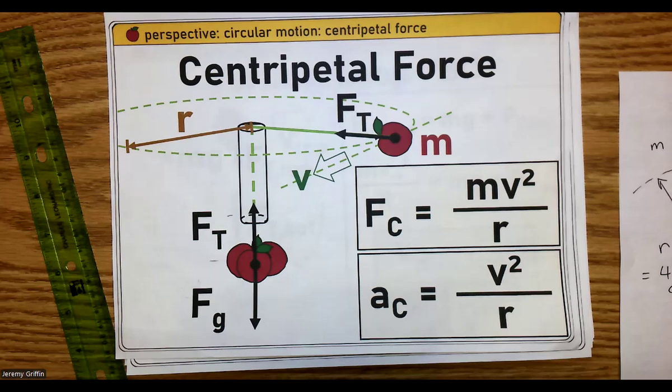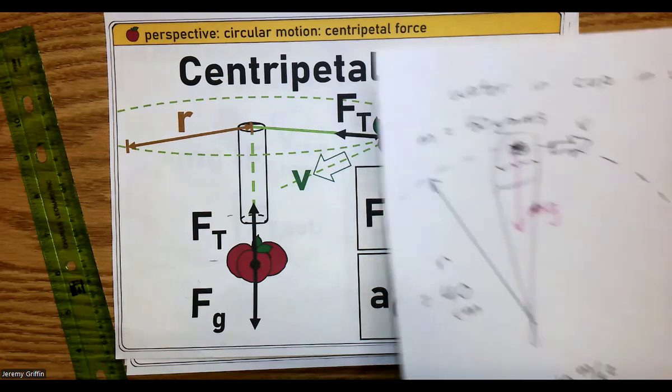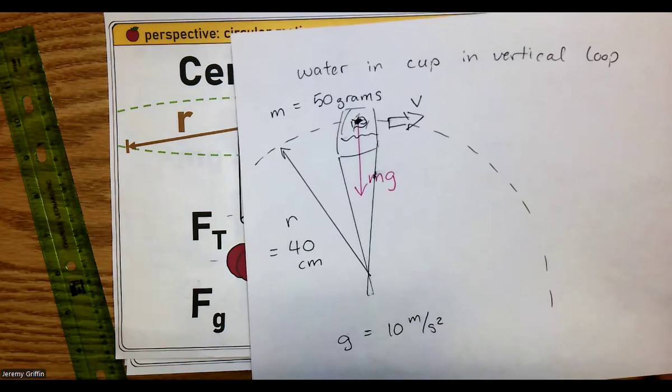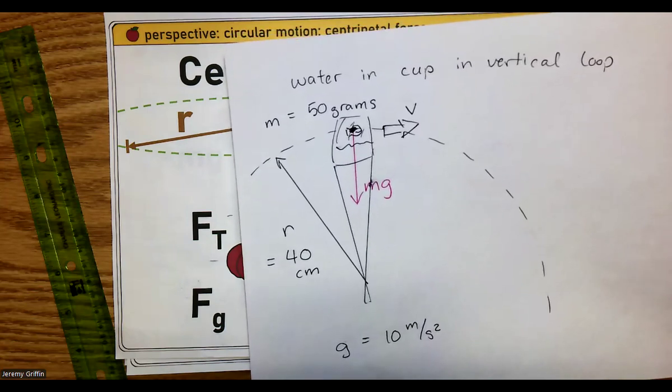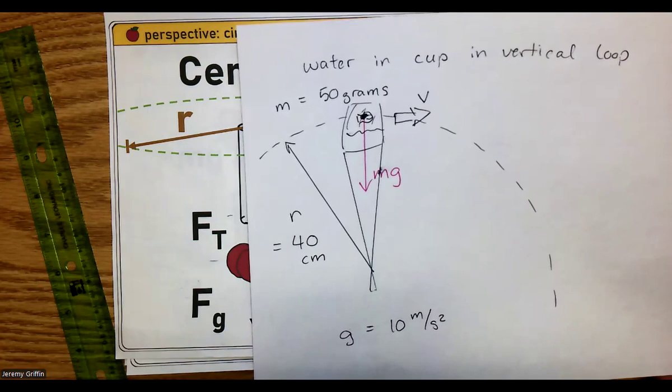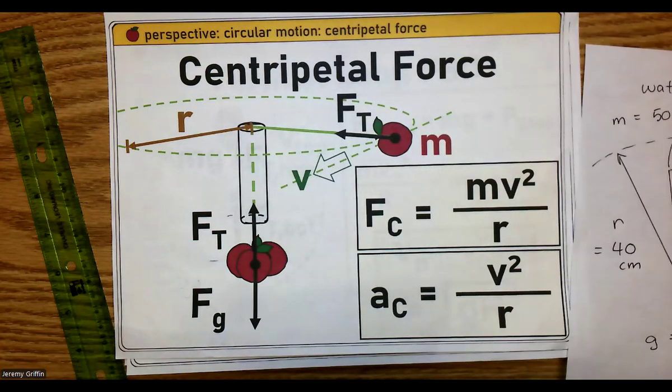Got two perspectives on this force. You need some force to keep something in a curved path. That's mv squared over r. The only force I see doing that for the cup of water is just its weight at that one moment. All right, did anybody solve it by now? How fast do I have to swing it?